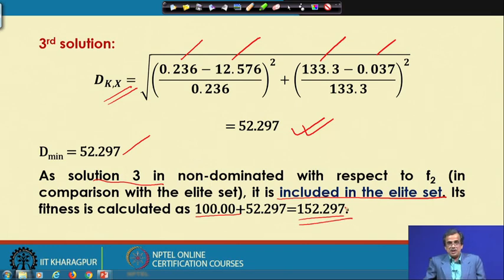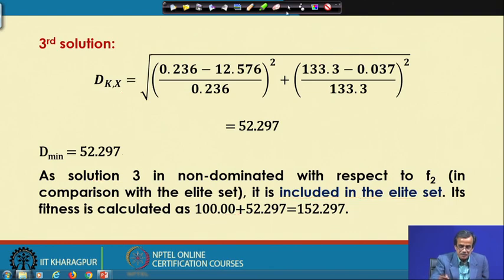So, this is the calculated fitness for this particular third solution.